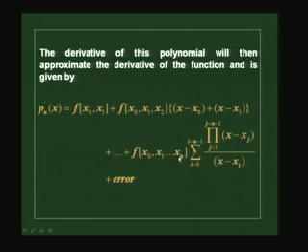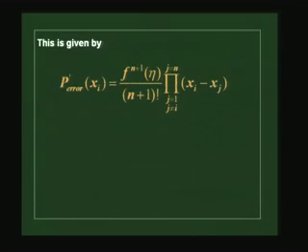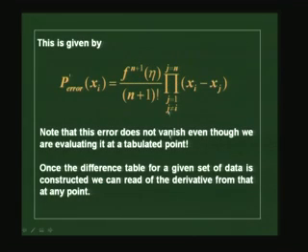So, we get that as some derivative of the order of n plus 1 of some function, multiplied by a product of xi minus xj for all j values which are not equal to i.